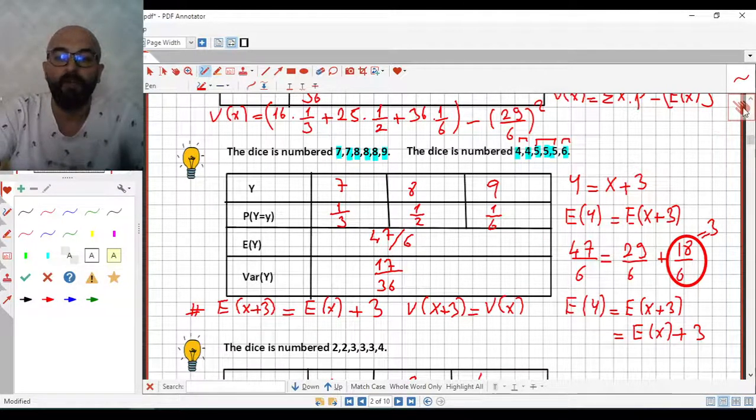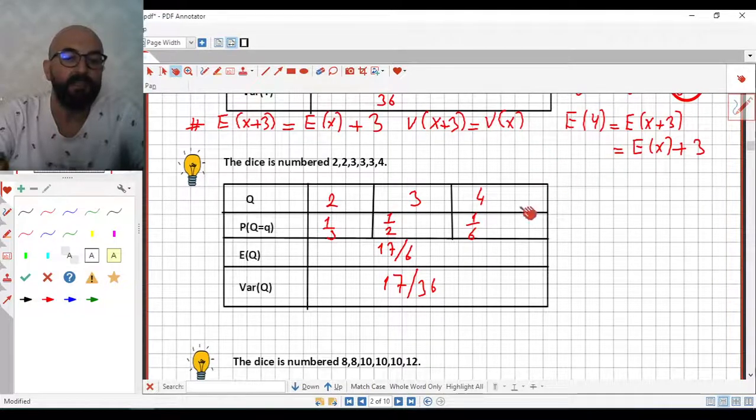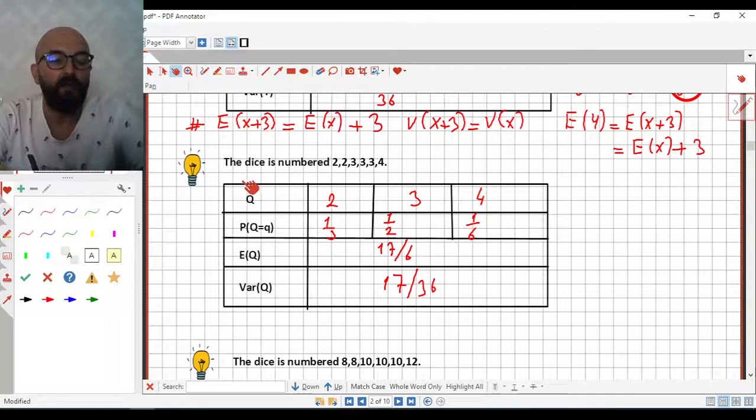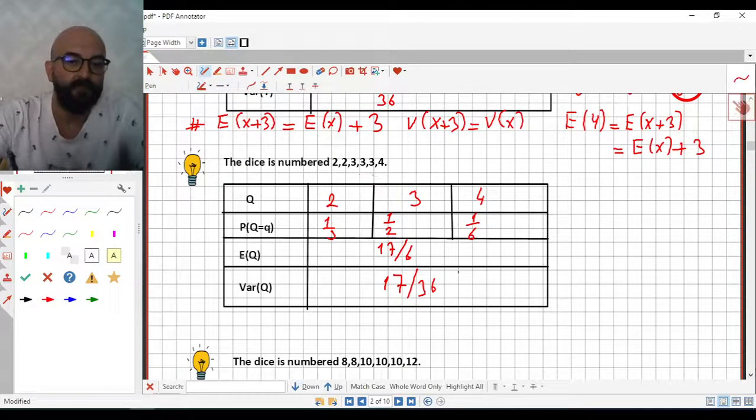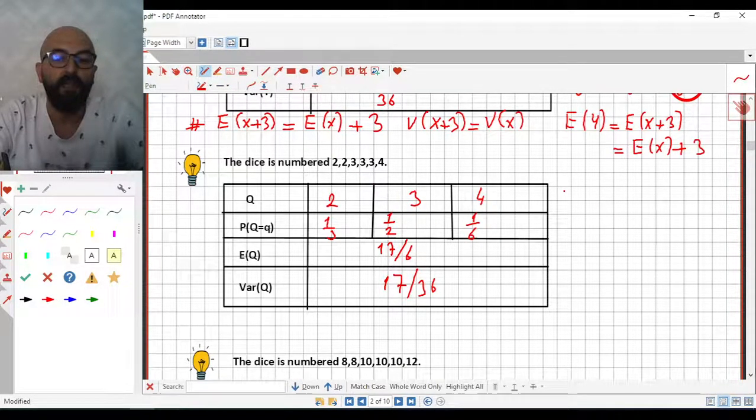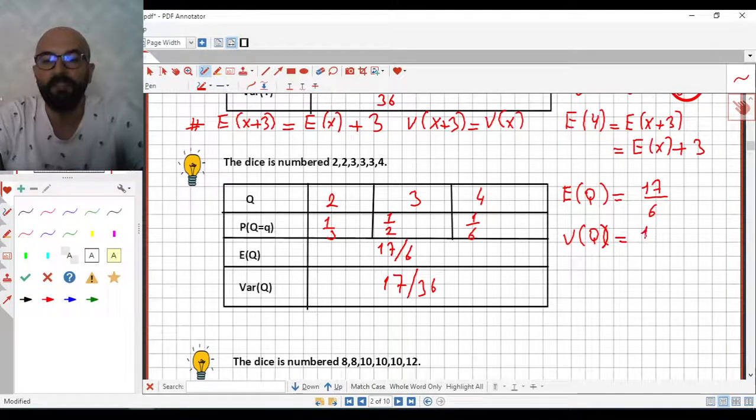Okay. Now the next situation. In this situation, our dice is numbered 2, 2, 3, 3, 4. So in the third situation, our expected value of q is 17 over 6, and our variance is 17 over 36.